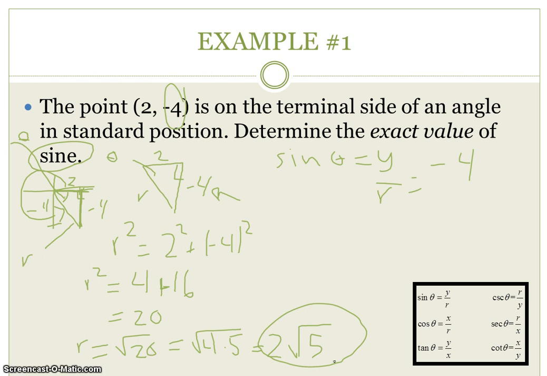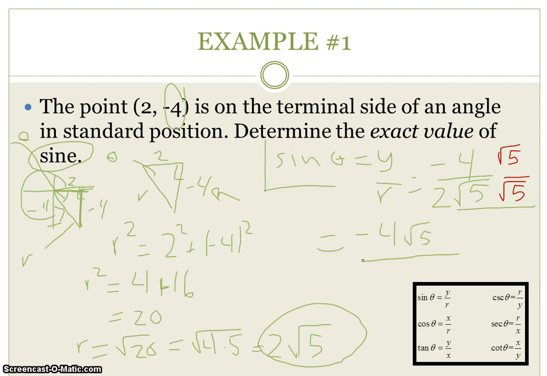We ultimately wanted to find my sine. So sine of theta was y over r. Y was the y coordinate, which was -4. My r is 2 root 5. We can never leave a radical in the denominator, so I'm going to rationalize by multiplying by root 5 over root 5. When I do that, I end up with -4 root 5 on the top.